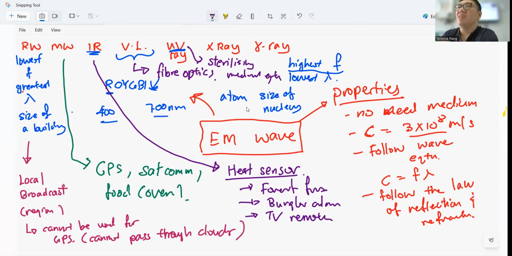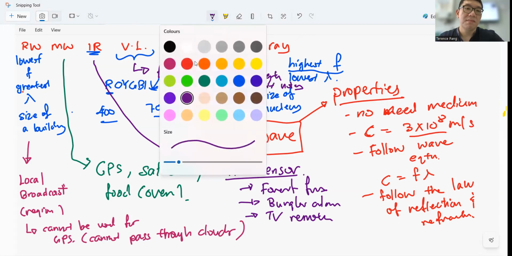Any other things? Forensics. Detecting what? Counterfeit notes. They use different colors.